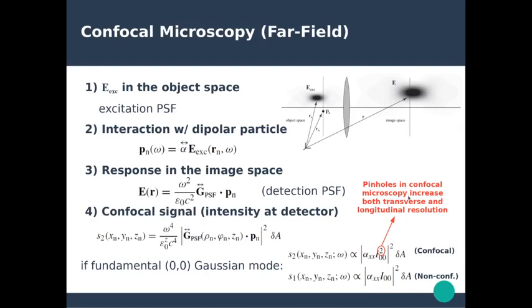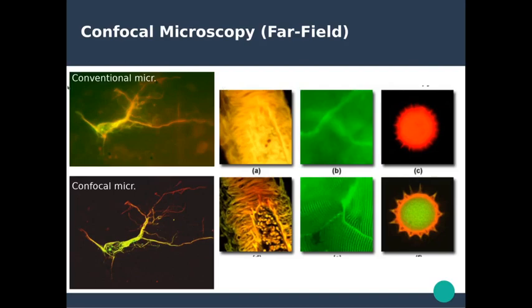That is basically resulting in an increase in both transverse resolution and longitudinal resolution along the optical axis. We have a comparison between conventional non-confocal microscopy and, at the bottom, confocal microscope images of the same systems. You see that you have a clear improvement in the spatial resolution for different objects, such as a sunflower pollen seed fiber here, or human cells here.